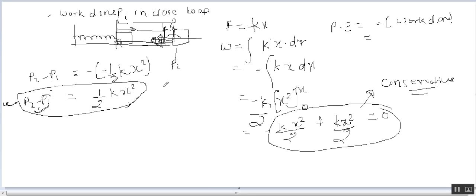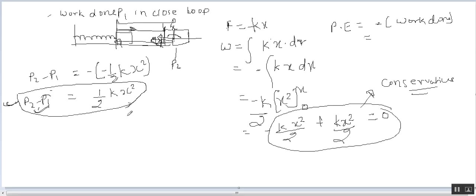Now we are going to discuss gravitational potential energy. First we have to check whether the force due to gravitation is conservative or not.